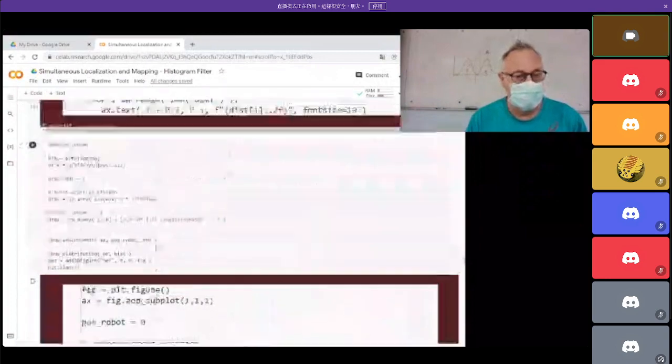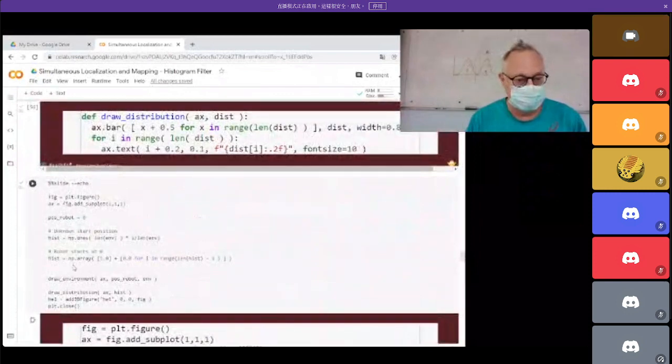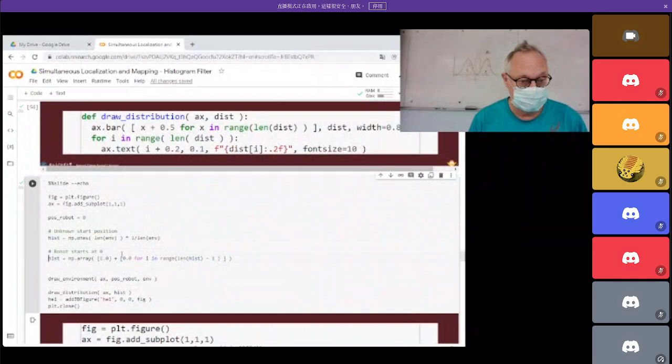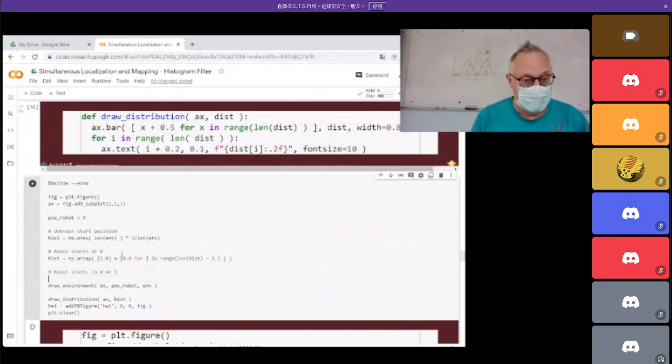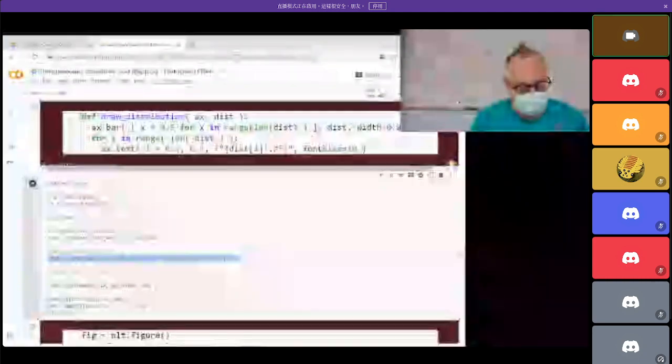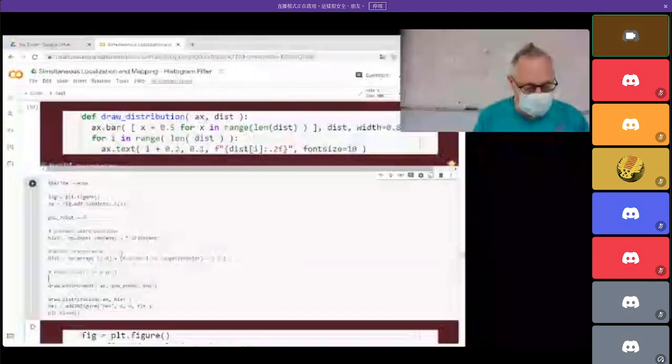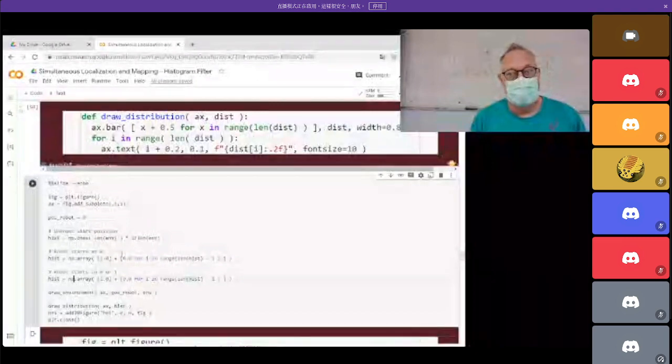So we can also assume that the robot starts in location 0 or 1, right?